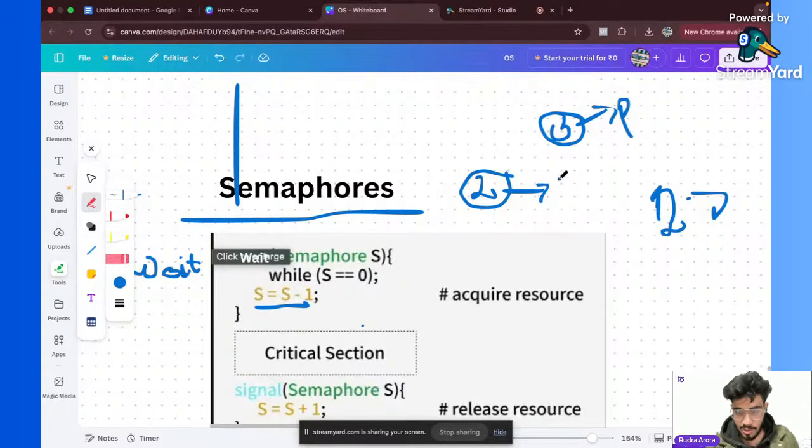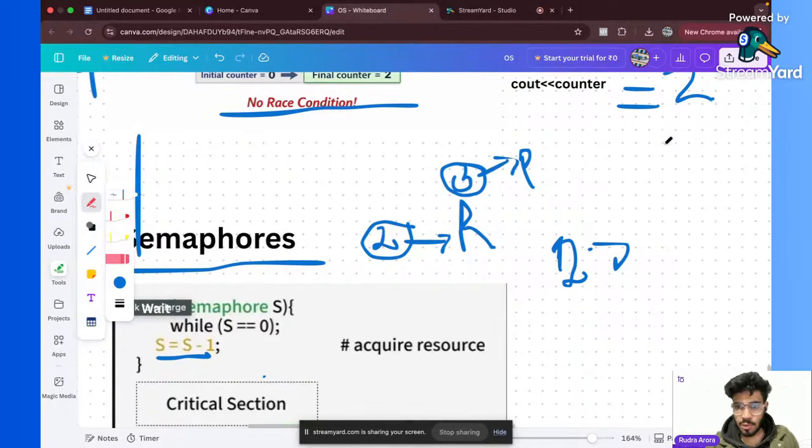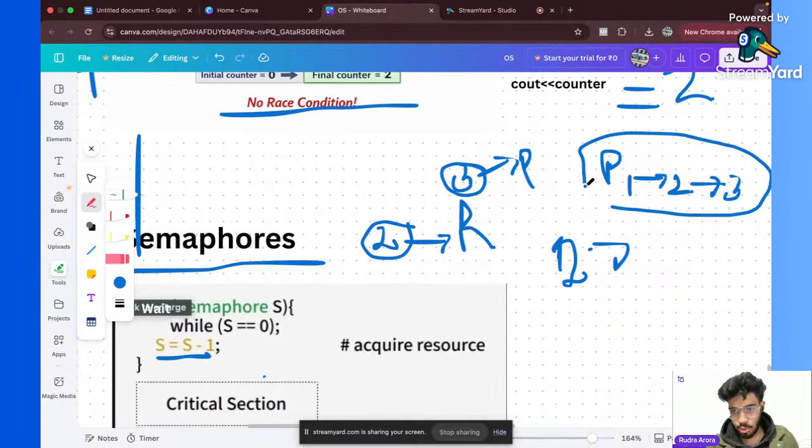What we want is that P1 will come first, after that P2 will come, and after that P3 would come. This is the scheduling that we want.